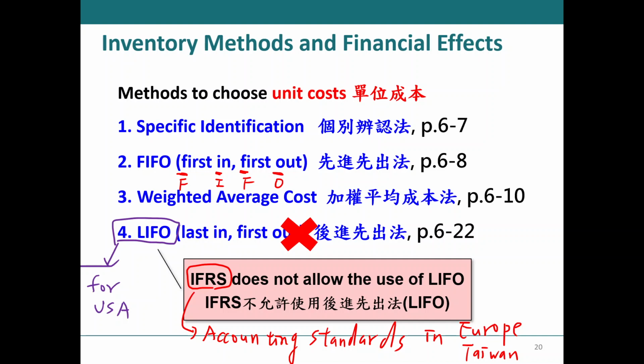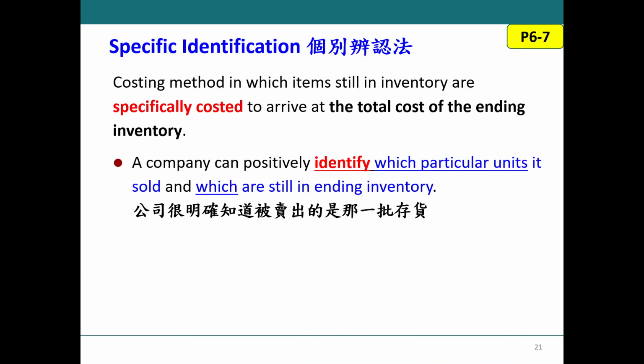Okay? So let's look at the first method, specific identification, 个别辨认法. What does that mean? Specific identification means you really knew which one was sold. You know the true situation, the actual situation. You really know which one was sold, which one is still in your company.